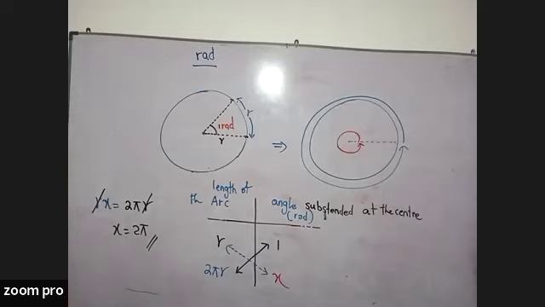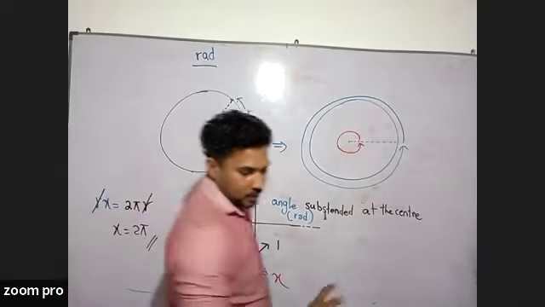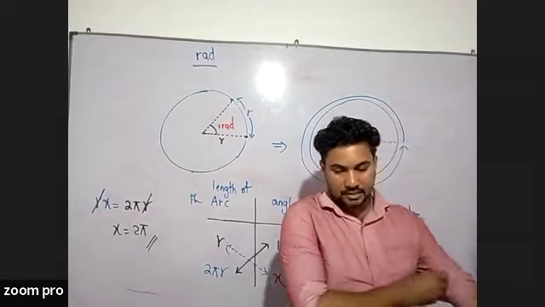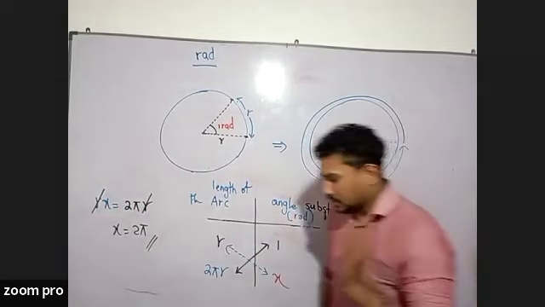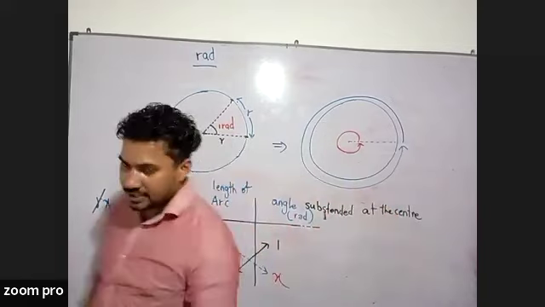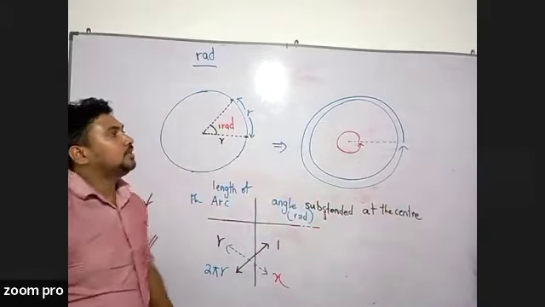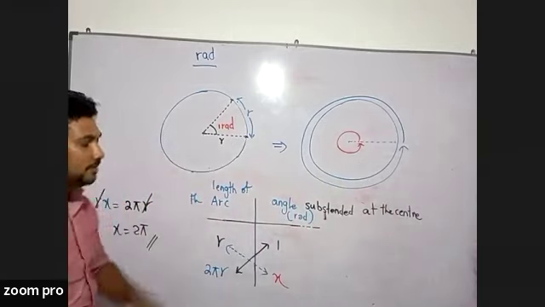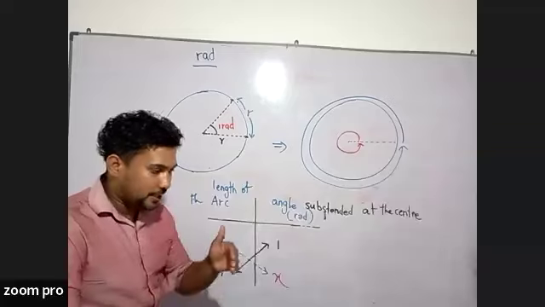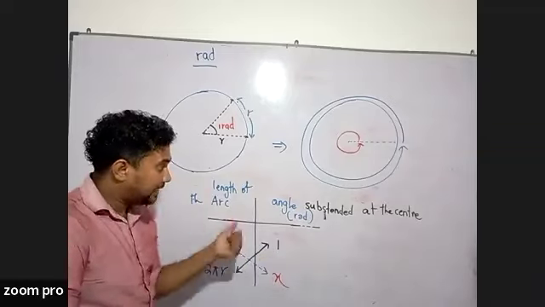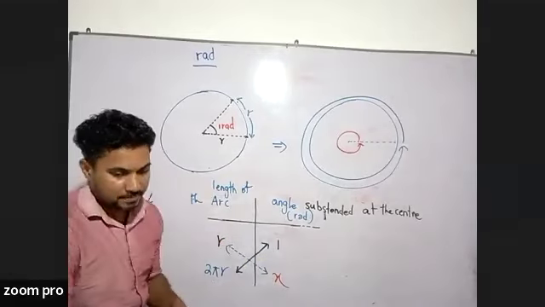Right. So I think you have completed copying these notes. Okay, the final topic under these supplementary units is the relationship between radians and degrees.